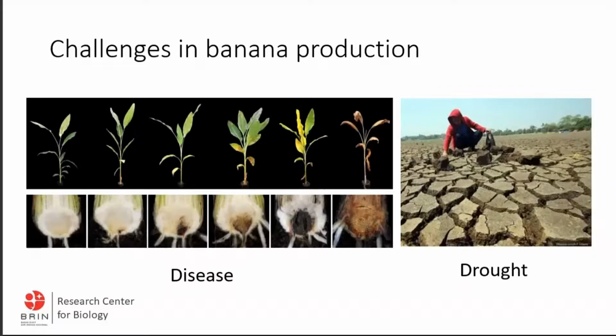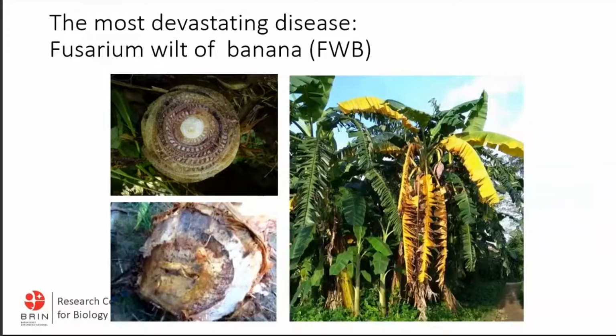And these days, banana production is facing some challenges, mainly biotic stress, pests and disease, and also abiotic stress because of climate change, such as drought. The most devastating disease is Fusarium wilt.